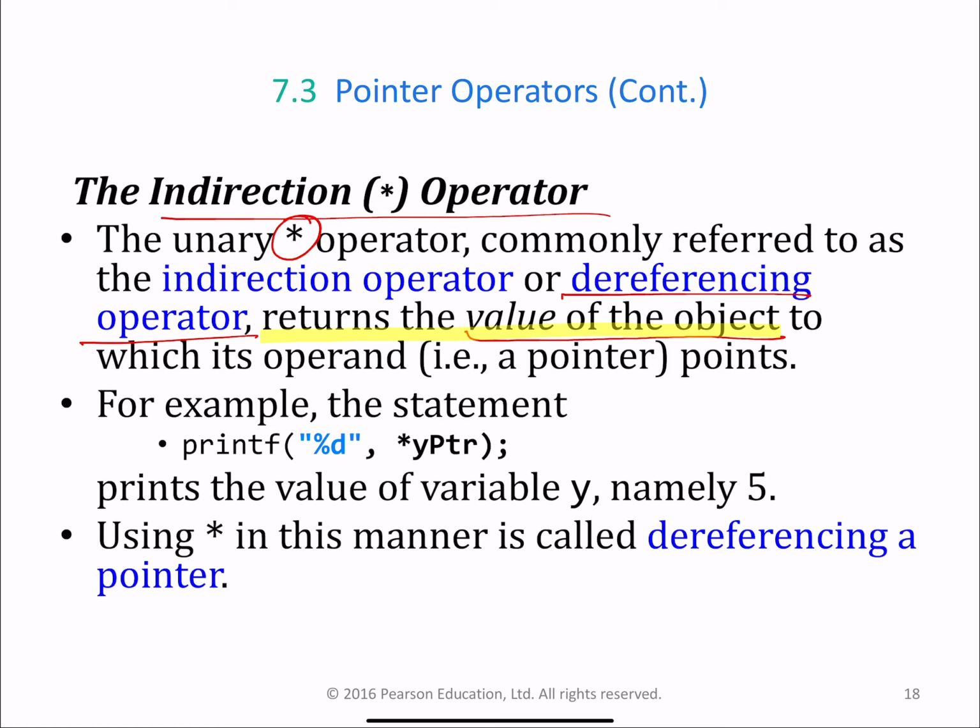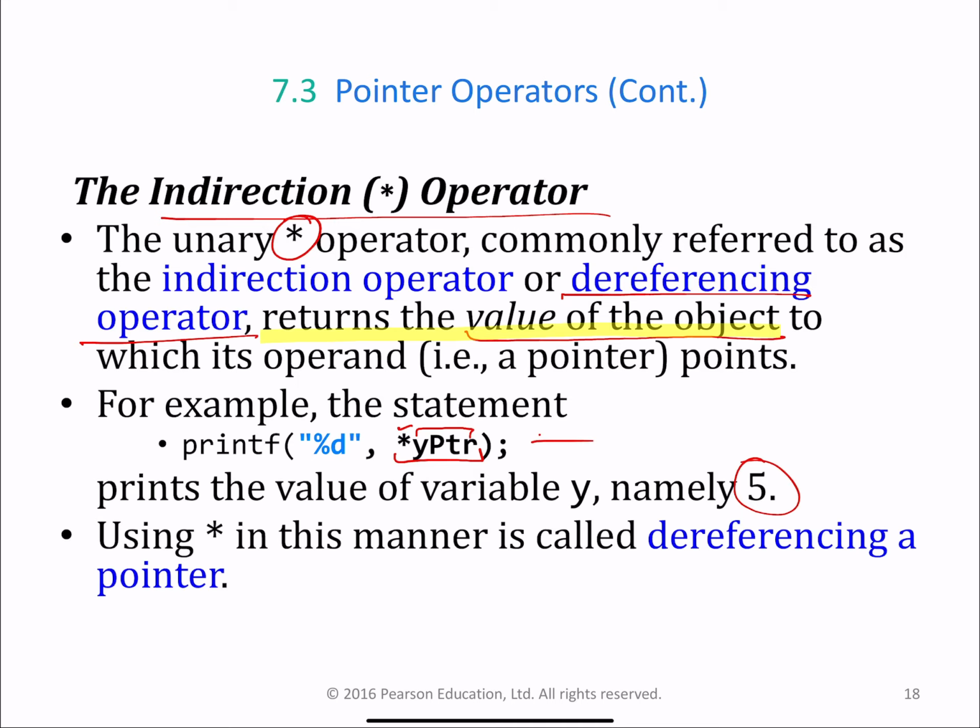So in our case, if you print out the value of asterisk y pointer, that is basically accessing the value of the variable whose address is stored in y pointer, which is the variable y. And the value of variable y is 5.